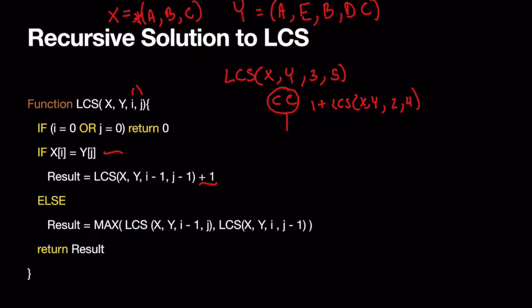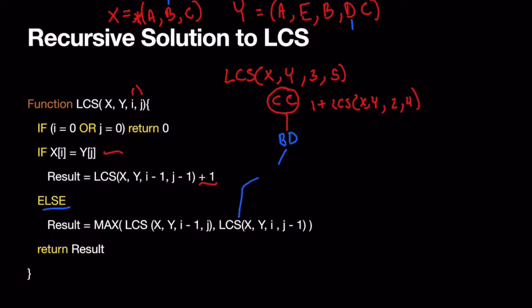And that will be B and D. These are not equal. We will be going to this else, and this will be the max of LCS i-1 comma j and LCS i comma j-1.